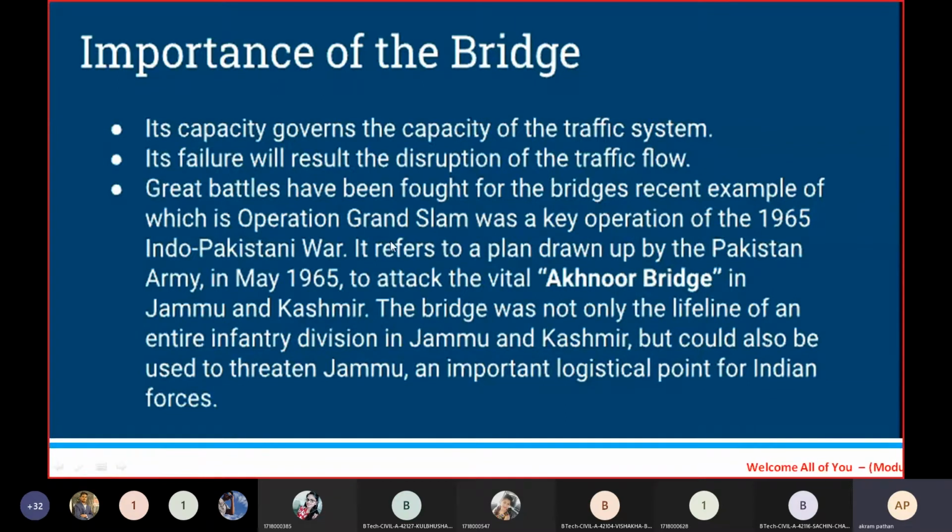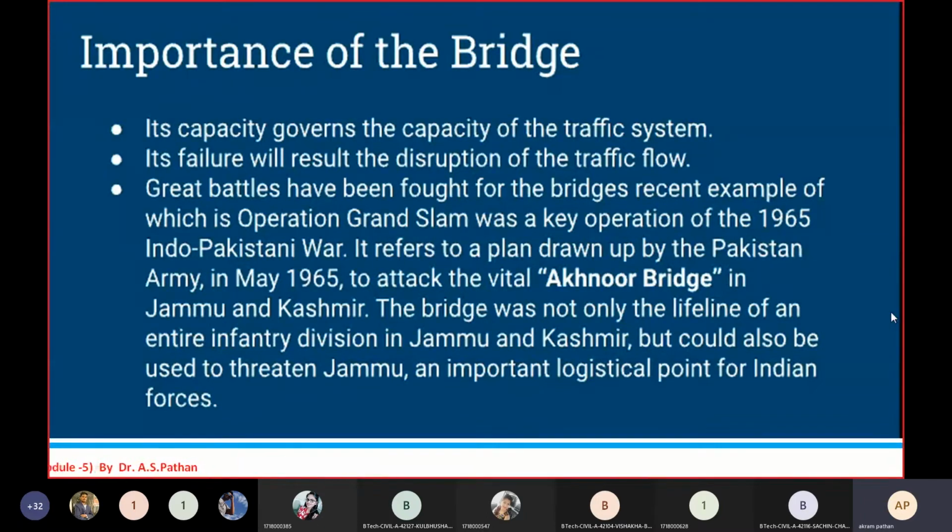A recent example of which is Operation Grand Slam, a key operation of 1965, in the case of the Indo-Pakistan war. So while such a war or such a battle is going on, if we have ample bridges, then the transportation of the soldiers is possible from one junction to another junction, or from one part to another.